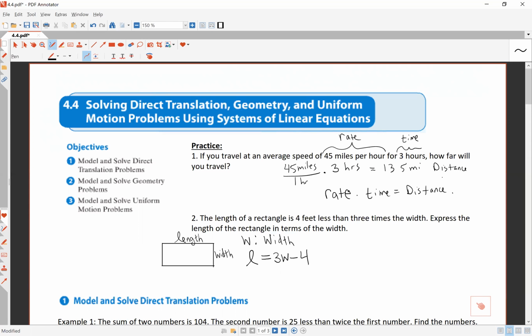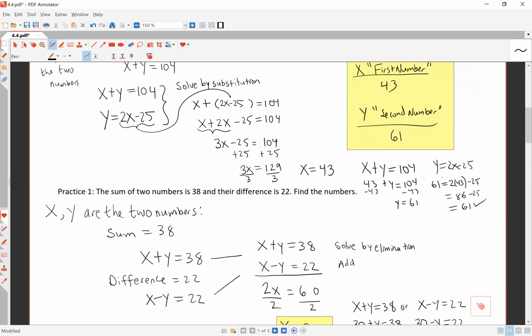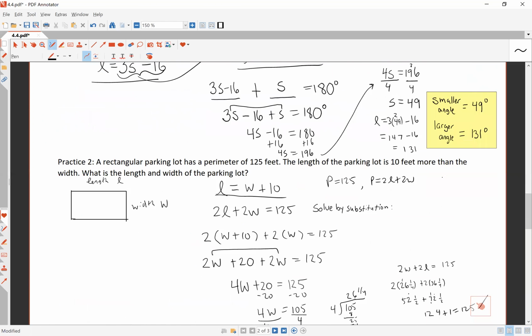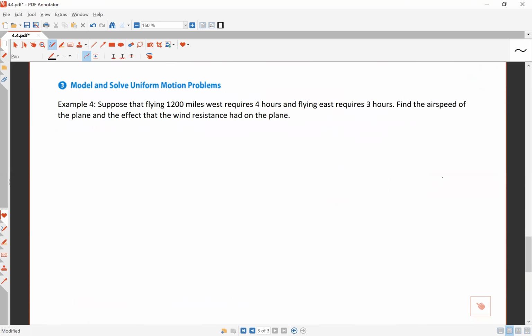If we stay at a speed uniformly of 45 miles per hour, and we do that for 3 hours, we will get 135 miles. So when we get a problem that talks about time and miles and rates, we use distance equals rate times time.